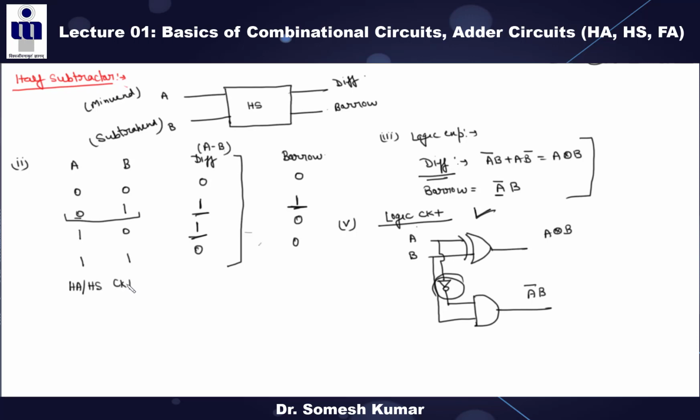With one circuit, we can design both half adder and half subtractor using a control input. In the XOR, can you tell me when the XOR behaves as a NOT gate?